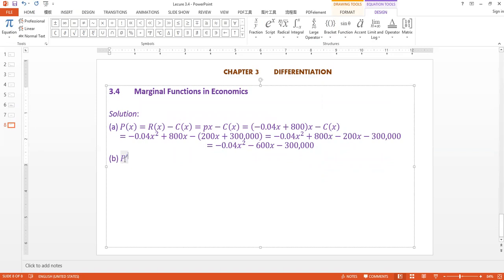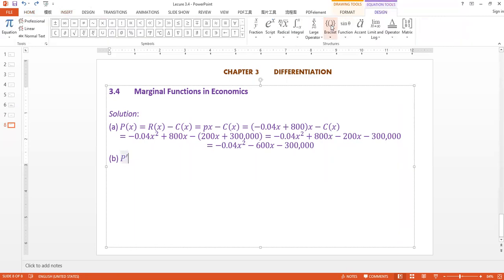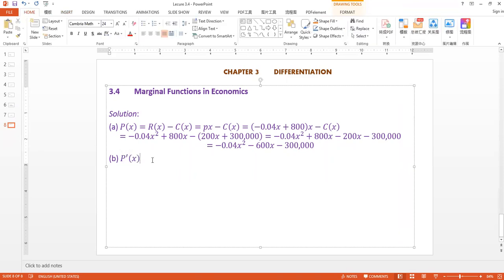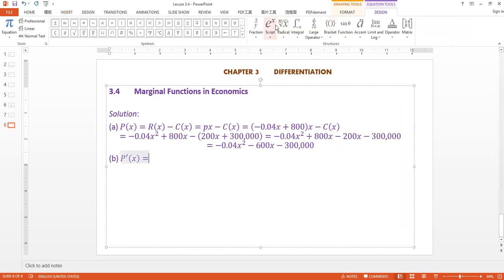Whenever you see anything about a marginal function, it means the derivative. So here we're trying to find the marginal profit. So that's just the derivative of the total profit.